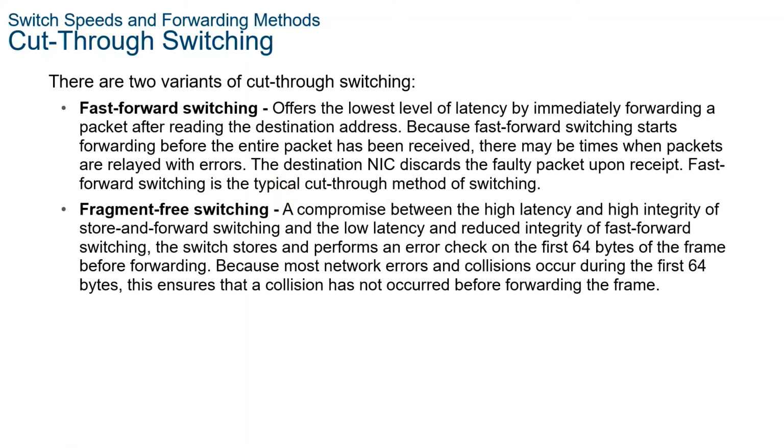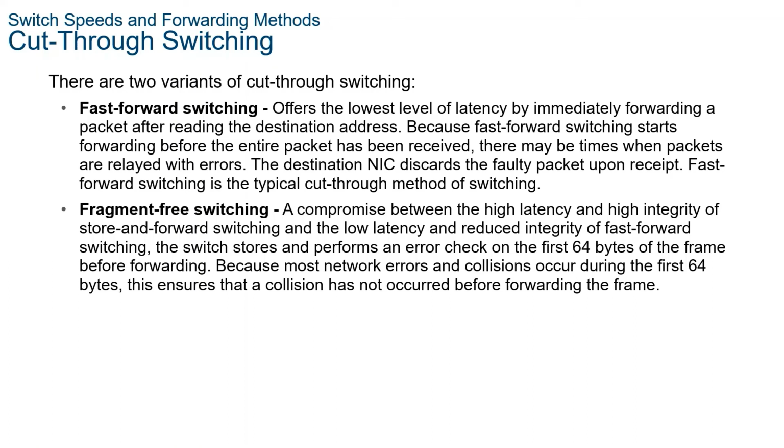Next, there are two variants of cut-through switching: fast-forward switching and fragment-free switching. What's the distinction between these two? Fast-forward switching offers the lowest level of latency. It immediately forwards a packet after reading the destination address.